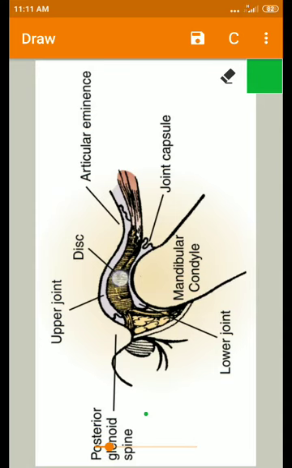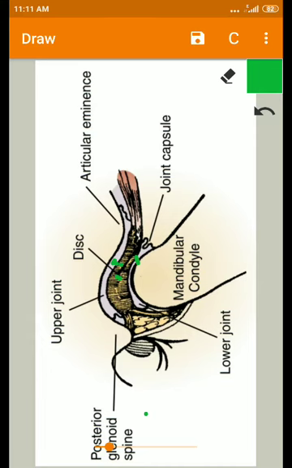Okay, the nutrition of the fibrocartilage covering the joint surfaces and the avascular middle portion of the disc is provided by the synovial fluid. That means the fibrocartilage does not have any vascular supply, so it doesn't get nutrition. Also the middle portion of the disc is avascular, so nutrition is not coming to this middle portion.